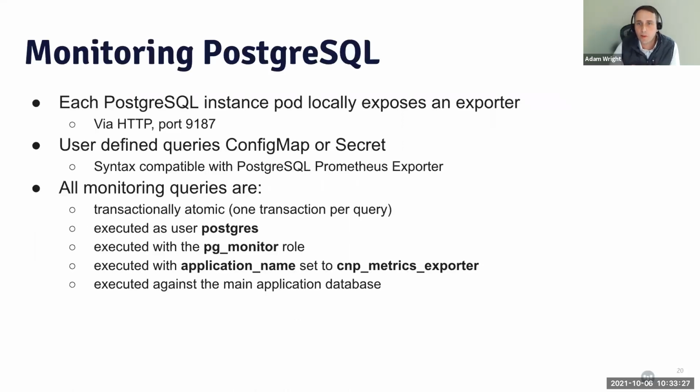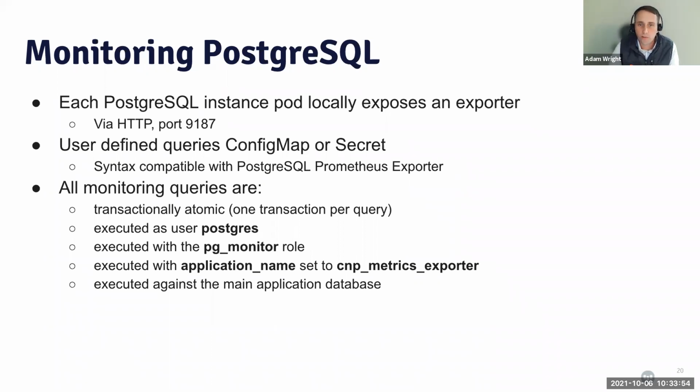Each PostgreSQL instance automatically has an exporter, and that's exposed via HTTP on port 9187. You can add your own queries. You can also download the sample queries that we have in the documentation. We also have a project within EDB where we're extending the amount of metrics that we expose, and those will all be available for you to pull down.